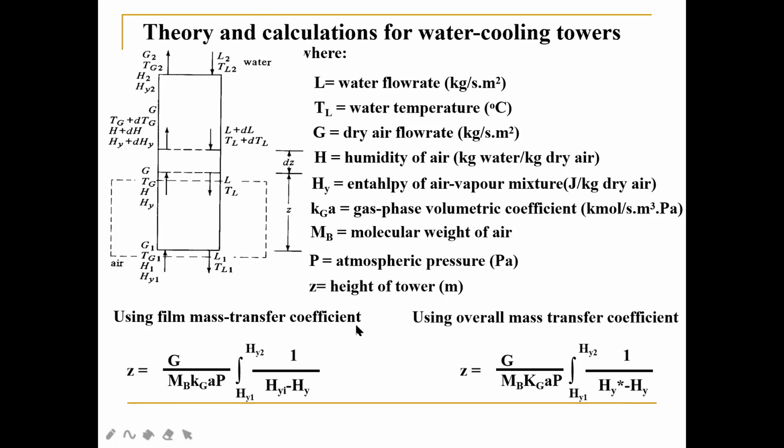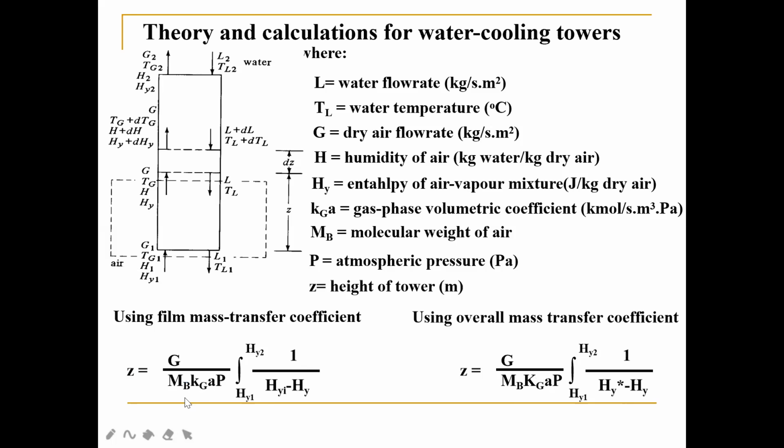You still remember, right? This film mass transfer coefficient is represented by a small k. And this other equation is when you calculate it using the overall mass transfer coefficient, which is usually represented by a capital K.